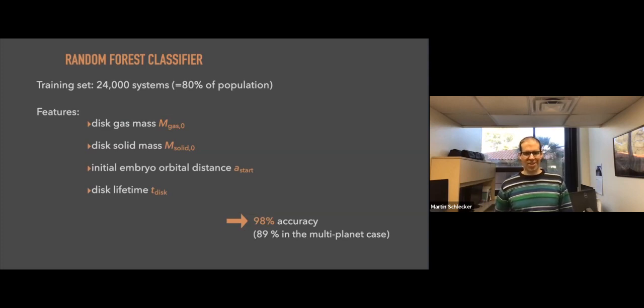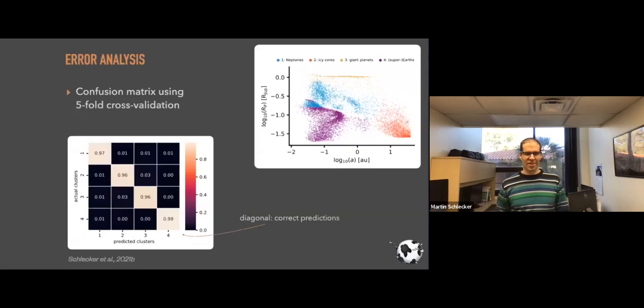So that's great. We can get rid of our planet formation model. No, of course not. This doesn't tell us much yet about the kind of errors that the model makes. So I was actually most interested in the other 2% or the other 11%, the cases where the classifier was not able to predict which planet type comes out of it.